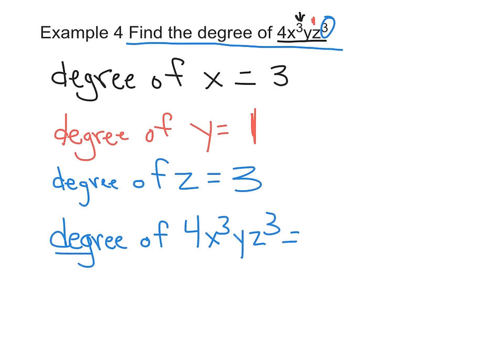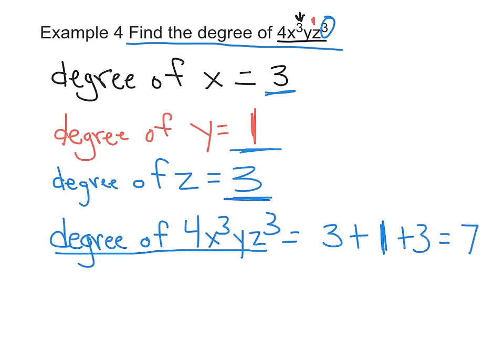So to find the degree of 4x cubed y z cubed, I take the degree of x, which is 3. I add to that the degree of y, which is 1. And then add to that the degree of z, which is 3. And then I get 7. So the degree of 4x cubed y z cubed is just 7.